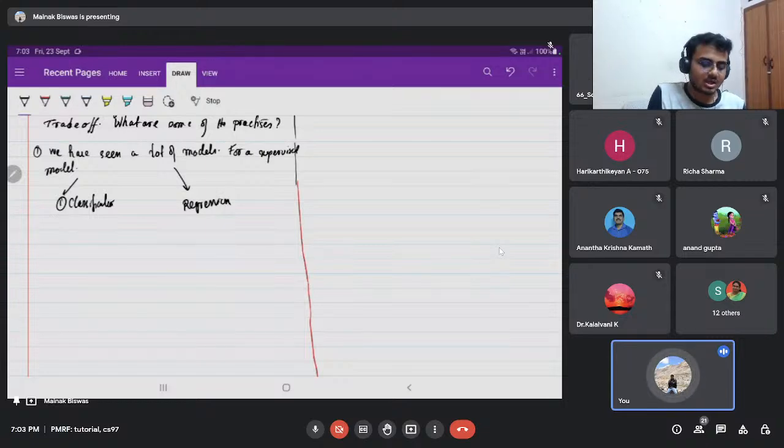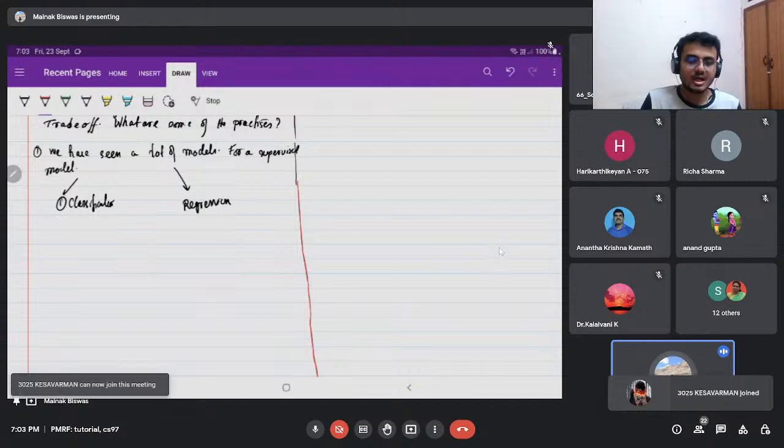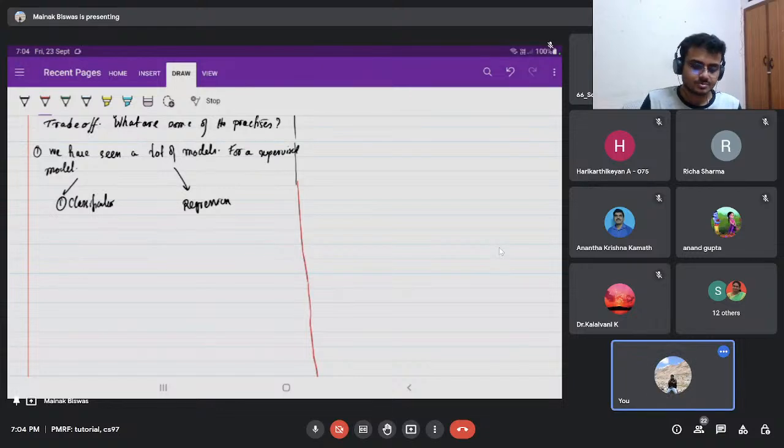What are the types of metrics that you can use to quantify how well your model is doing in each of these cases? Can anyone tell me what are the metrics that you can use? In classification, you can have a lot of metrics. Can you give me a couple of them?